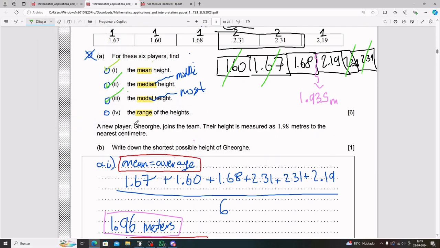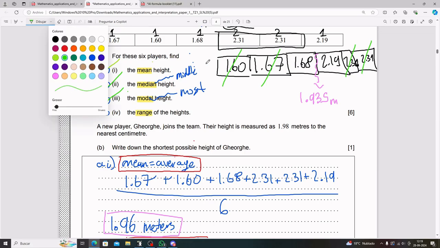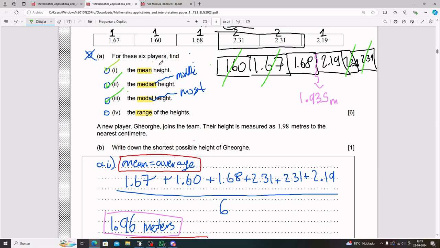And now for part Aiv or whatever, we have the range of heights, see? And for the range of heights, I don't have a more intuitive word to put here because range is already pretty intuitive, see? Sometimes when we talk about our range of options, it's all of your options. If you talk about the range of how far maybe a gun can reach, right?